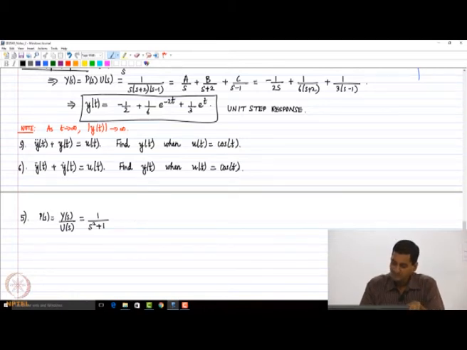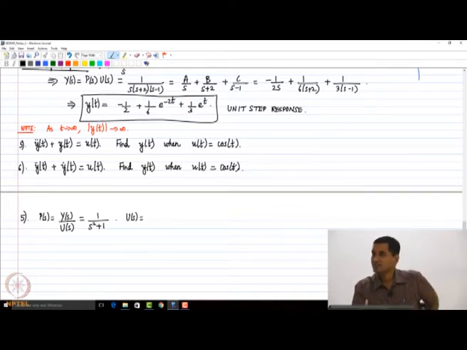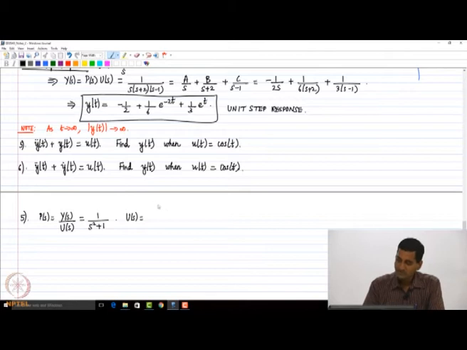Now let's subject it to a cosine input of a very specific angular frequency. In general, cos omega t means omega is the angular frequency in radians per second. Cos t means omega is equal to 1. So if u of t is cos t, then u of s is s divided by s squared plus 1.